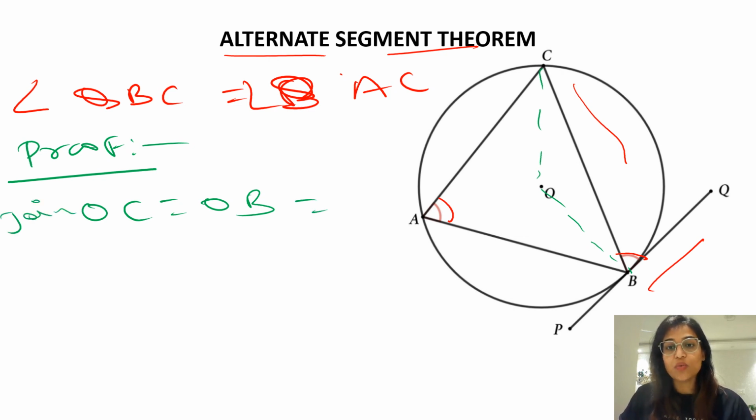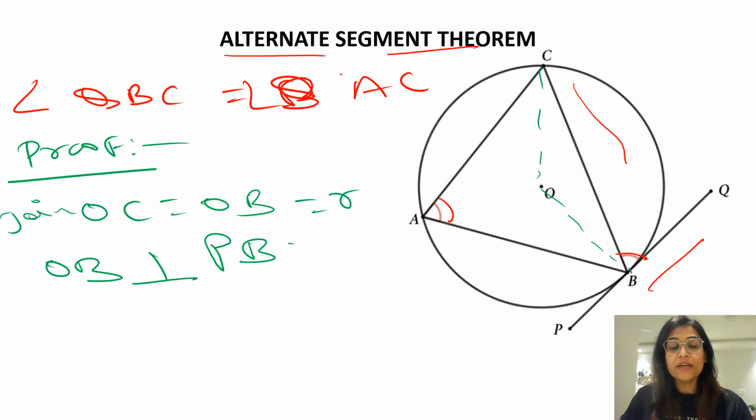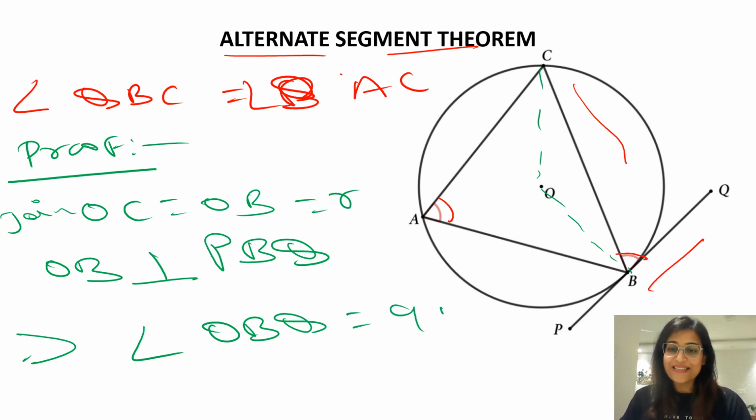Now if I talk about OB, we know that the radius is always perpendicular to the tangent at the point of contact, right? So here at this point B, OB is perpendicular to the tangent PBQ. That implies angle OBQ is equal to 90 degrees.